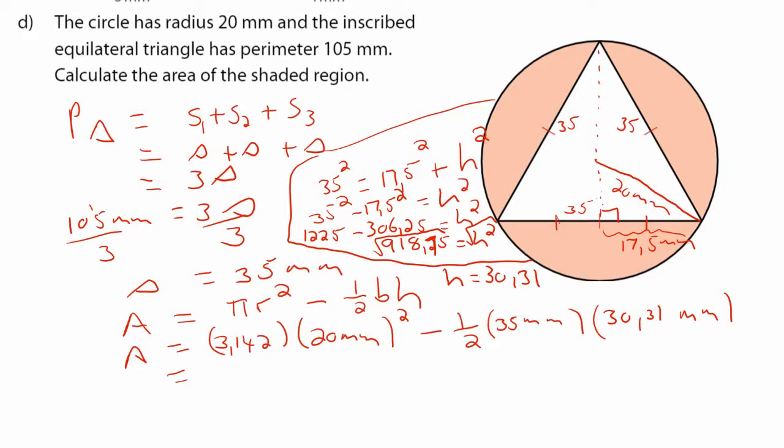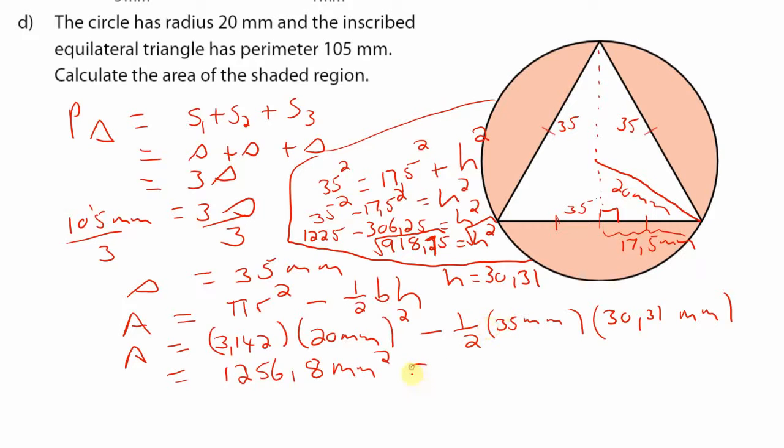So we have 3.142 times, what is 20 times 20? Yes, 400. So times 400, we have 1256,8 millimeters squared.